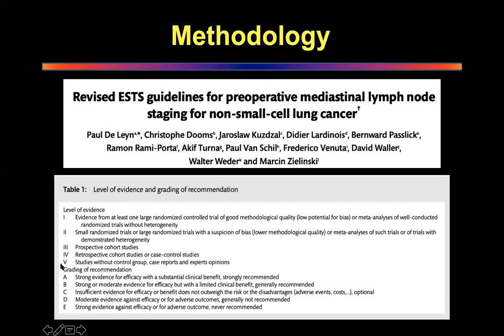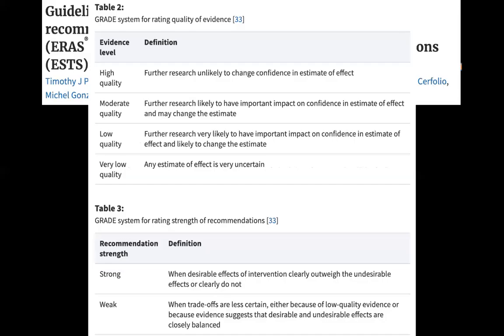This you can answer very well in the exam. So strong evidence for efficacy, moderate evidence for efficacy, insufficient evidence for efficacy, and then you're talking against efficacy: moderate evidence against efficacy and strong evidence against efficacy. Okay. So this is a good one to know, and SIGN is a good one to know. So know SIGN and know this one, and you should be quite good in the exams.